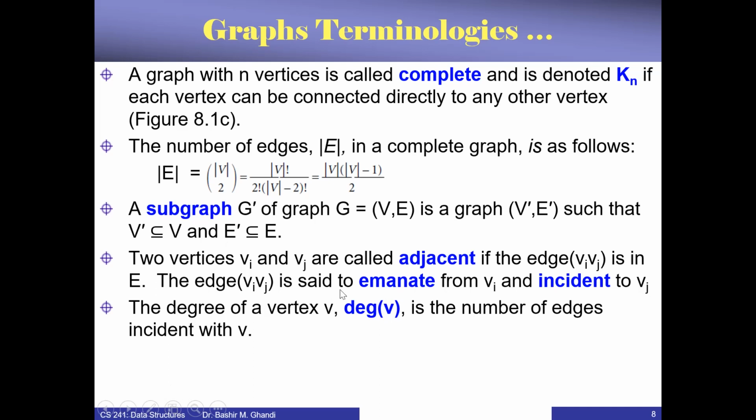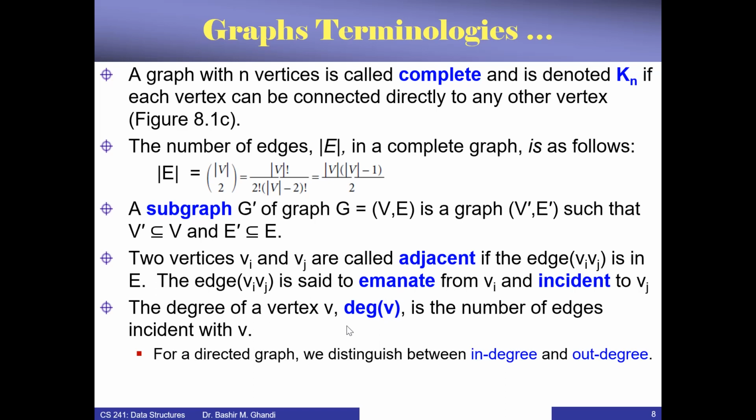All right, so that's about edges. There's another term related to vertices this time. The degree of a vertex V, denoted degree of V, is the number of edges incident to V. How many edges terminate at V? That will give the degree of V. Again, there's a distinction between a normal undirected graph and a directed graph.